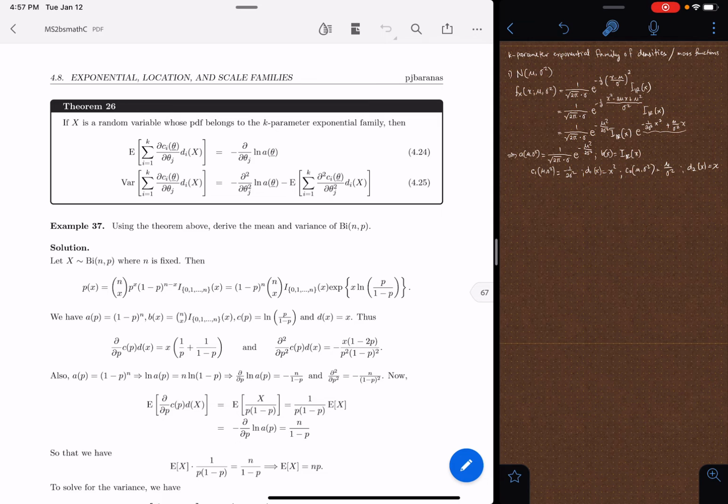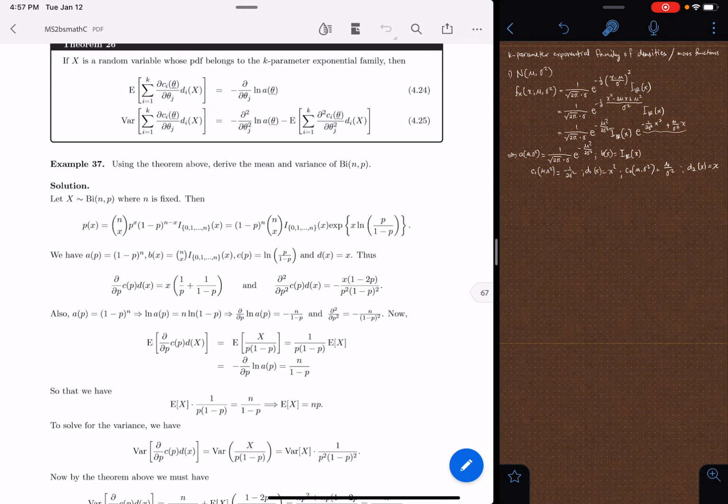So, to illustrate that, consider natin si Binomial(n, p). If X has the Binomial(n, p) distribution where n is fixed, then its mass function is given by n choose x times p to the x times 1 minus p to the n minus x times the indicator function I sub {0, 1, ..., n} of x.